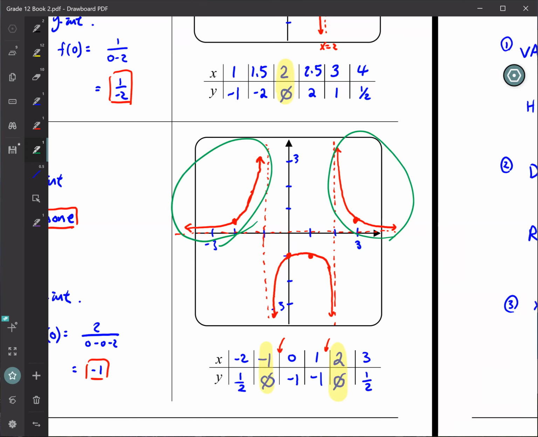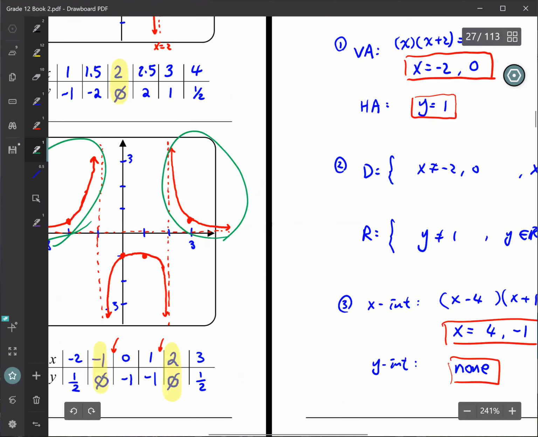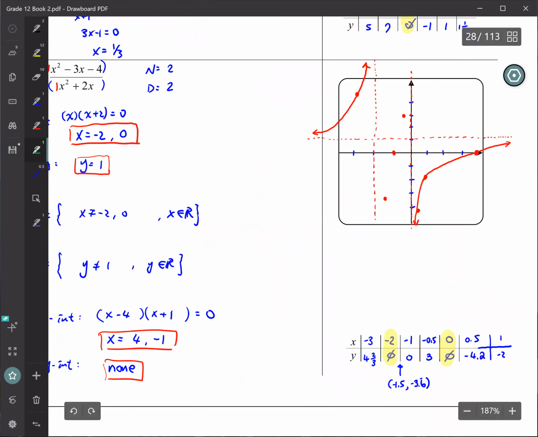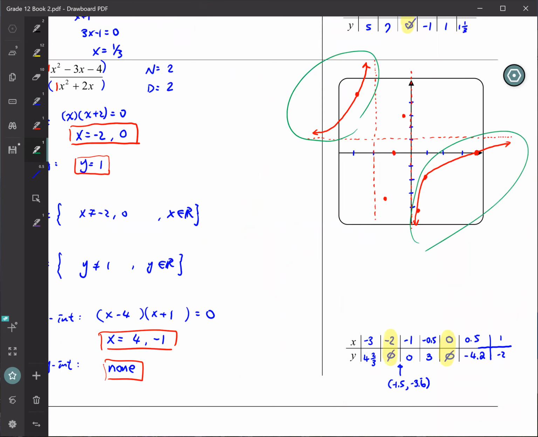Then the middle one will be at the bottom. Now for this one, it's different. You have one side on the top, and the other side at the bottom. Then the middle one, because of the table, you can see that it has to go through the asymptote line.